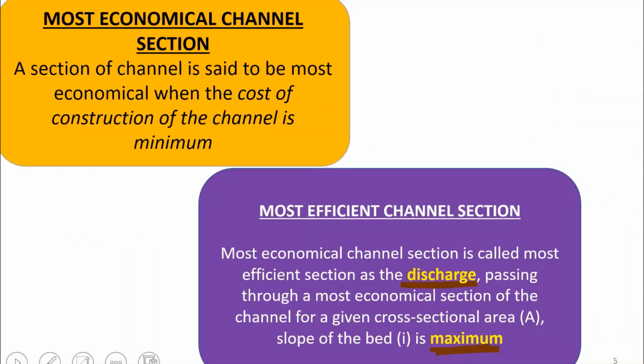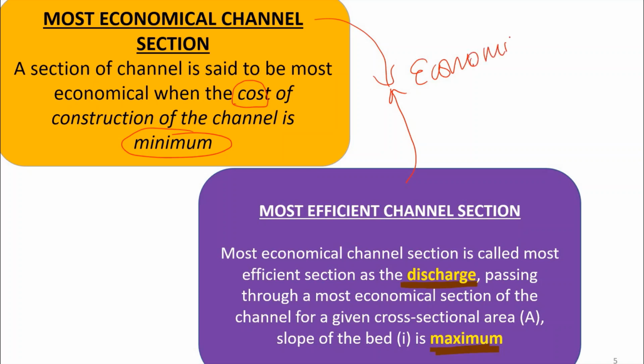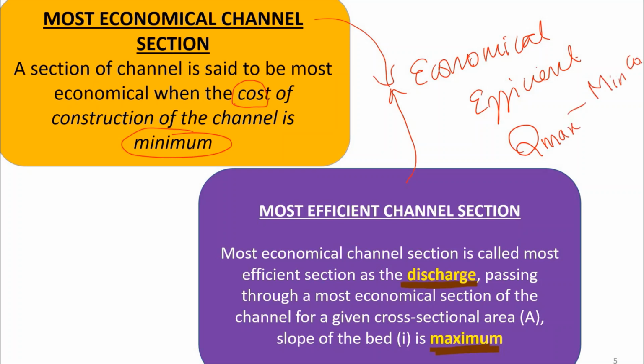The most economical channel section means we will have minimum cost of construction, and when we talk about the most efficient channel section, we should have a maximum discharge. So when we add both of these up, we will get economical as well as efficient. So an efficient and economical channel section means we should have a maximum discharge for minimum cost. So let us see how we can do this.